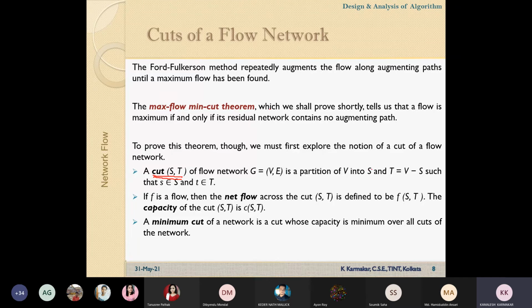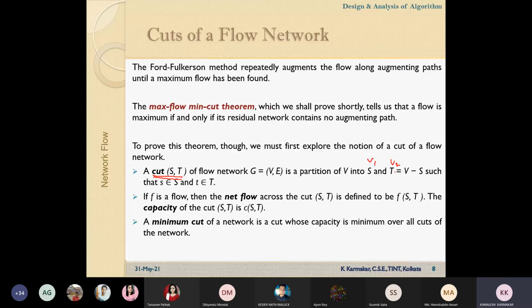Here in this definition, we are splitting the graph into two subsets, S and T. S is a collection of vertices, T is the remaining vertices. In the earlier case we represented S as V1 and T as V2. That's all. T is basically V minus S, so the remaining vertices of the graph will be kept in T.